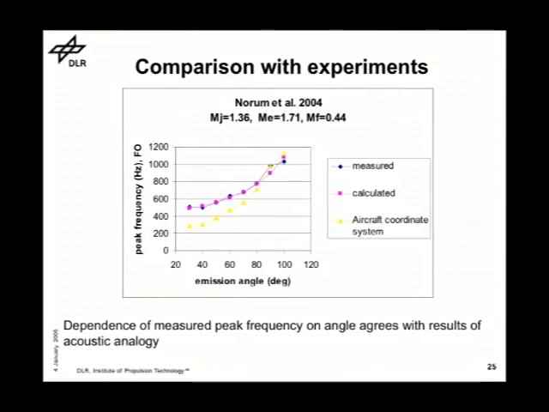Or if you want to find out the influence of broadband shock noise on acoustic fatigue, then this is important. And if you extend this to the emission angle 0, maybe here, then you get the frequency which goes directly to the nozzle and which could generate screech. So the screech frequency is the same frequency as at 0 degrees.